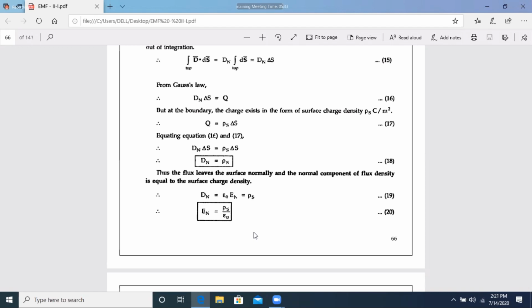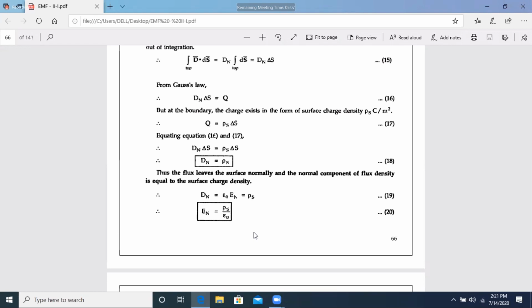I think what you mixed up is D normal with E normal. So D normal 2 equals epsilon, which should be ER2 times epsilon naught times E normal 2.